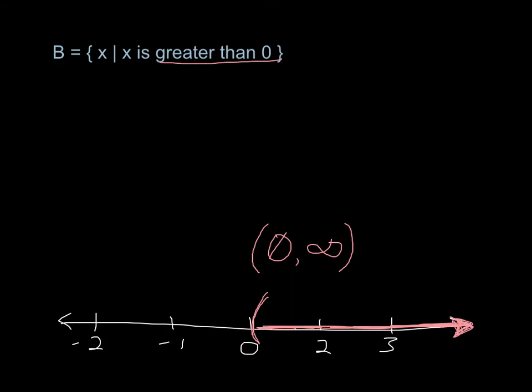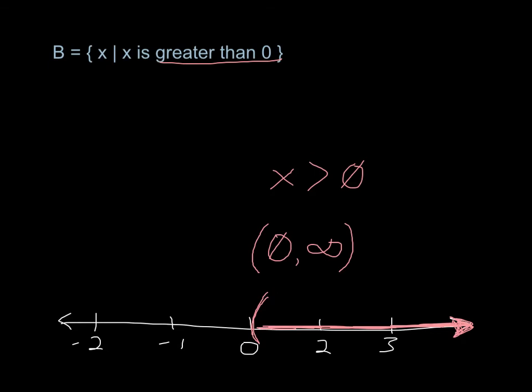But how would we write this as an inequality? Well, you guys are pretty familiar with that. We just say x is greater than 0. Now, can we do this with an infinity there? Well, we can kind of.